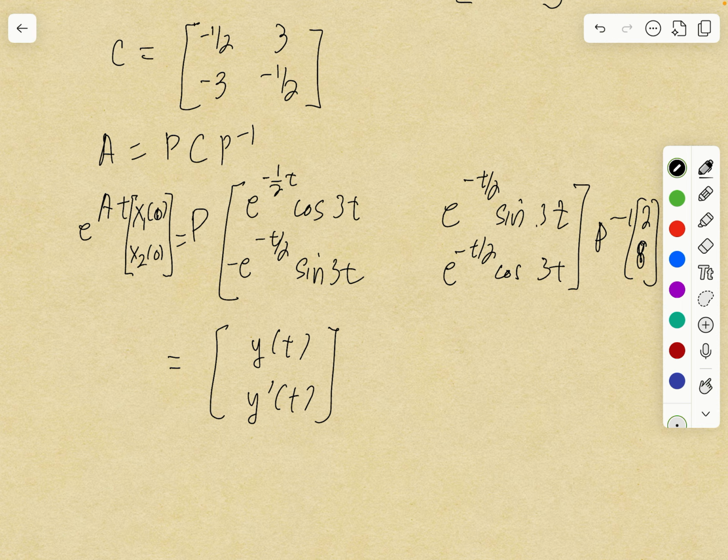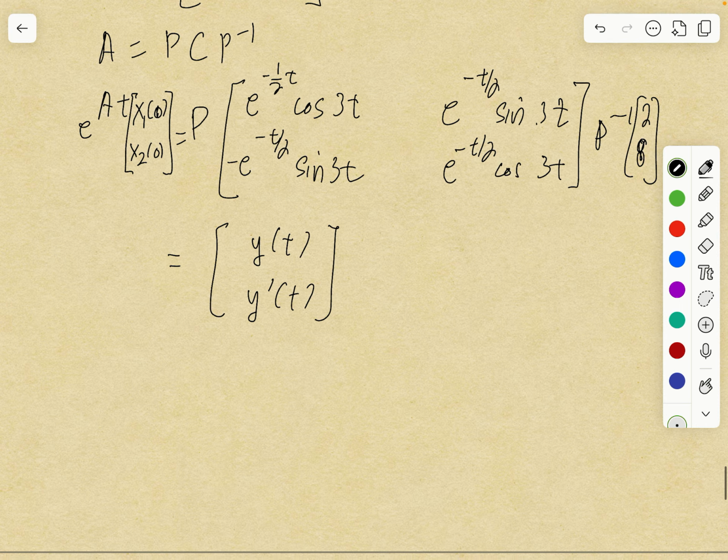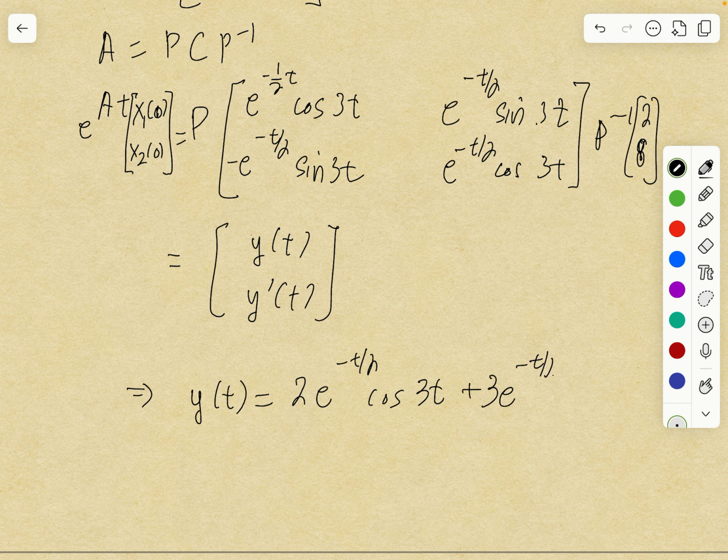So you actually get the derivative for free. Well, you don't actually need the derivative because the question was asking for y of t. I'm just going to save you the details, but just trust me that if you calculate this product and multiply it all out, you get that the first component, y of t, is 2 e to the negative t over 2 cosine 3t plus 3 e to the negative t over 2 sine 3t.